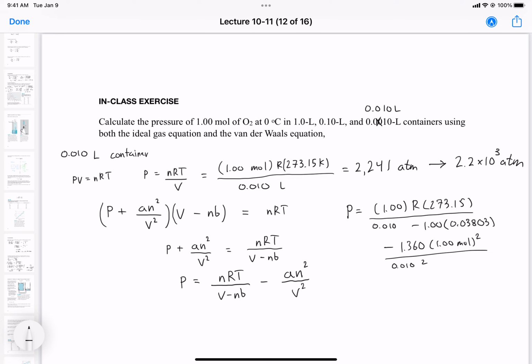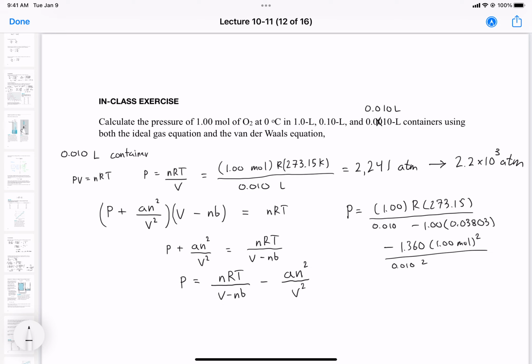Okay, so minus 1.360 divided by 0.010 squared. Okay.